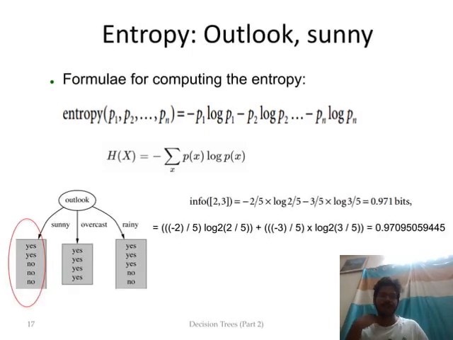And the outlook and sunny, which we have taken as the example. By using this example, firstly we are taking the first column, which contains yes, yes, no, no, no. By using this information, we are using the above formula and computing the information, how many bits of information we have gained.